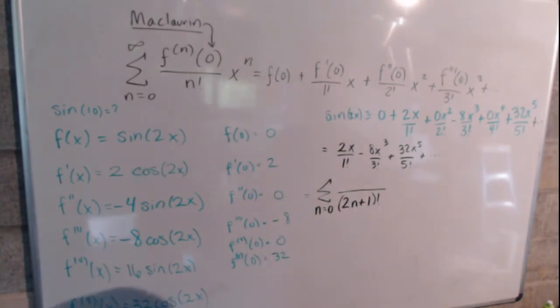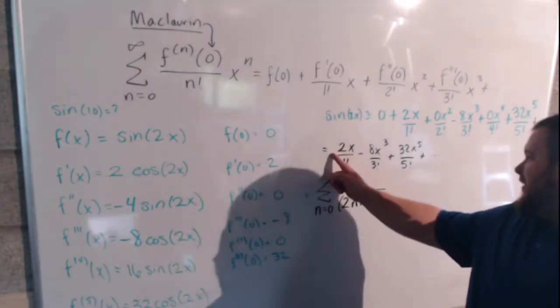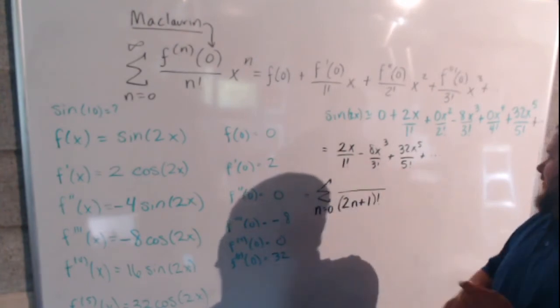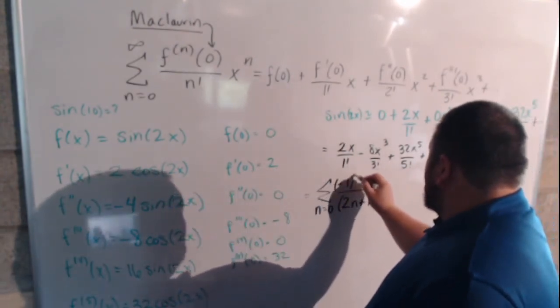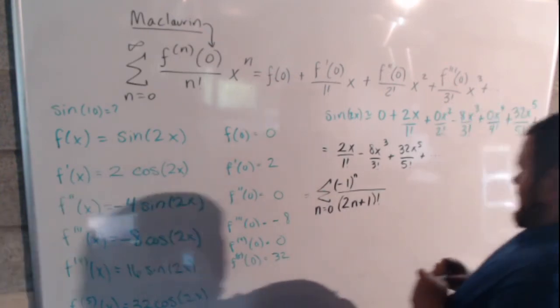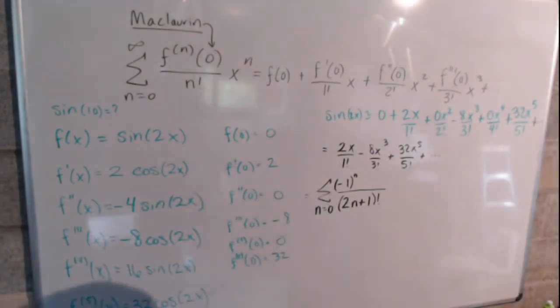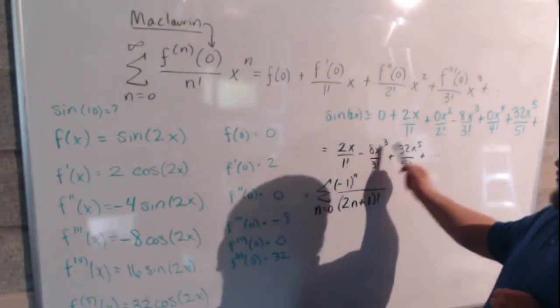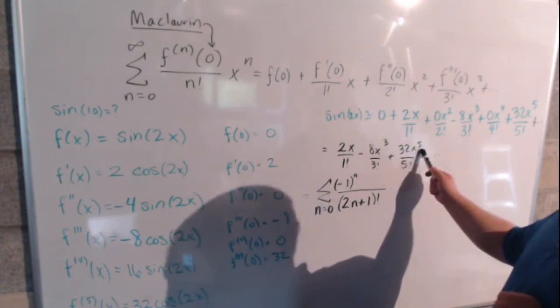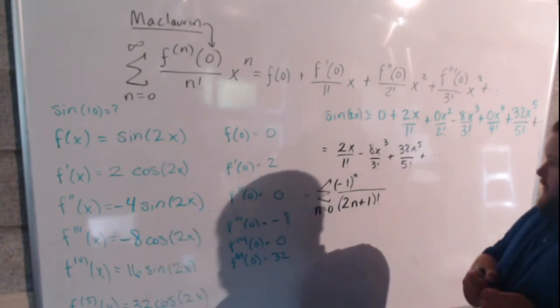We've also got to take care of the alternating. It starts at positive and then negative and then positive. So that's a -1 to the n. And then we've got x to the first, x cubed, x to the fifth. And guess what?